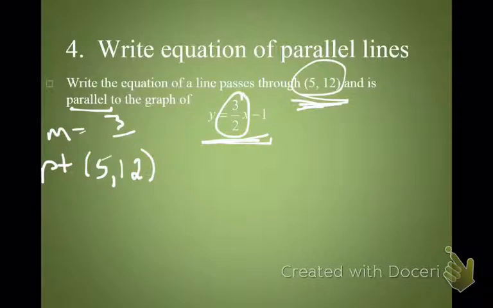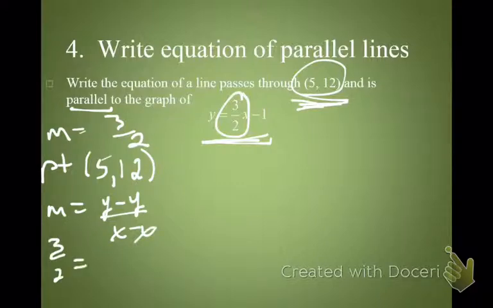The reason why we need a slope and a point is because now we're going to use the slope formula to help us write our equation. The slope formula says m equals (y minus y) over (x minus x). We're going to plug in the slope, which is 3/2.